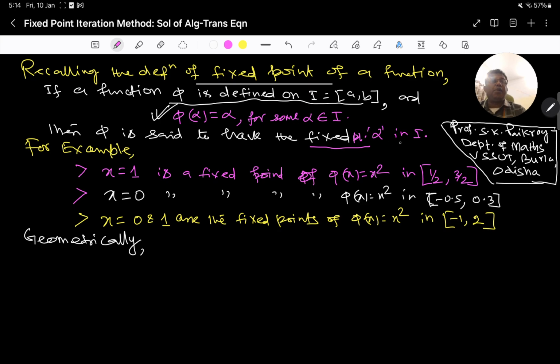That fixed point is alpha in I. That means if phi of alpha is equal to alpha for some alpha in I, then we say alpha is a fixed point in the interval I.